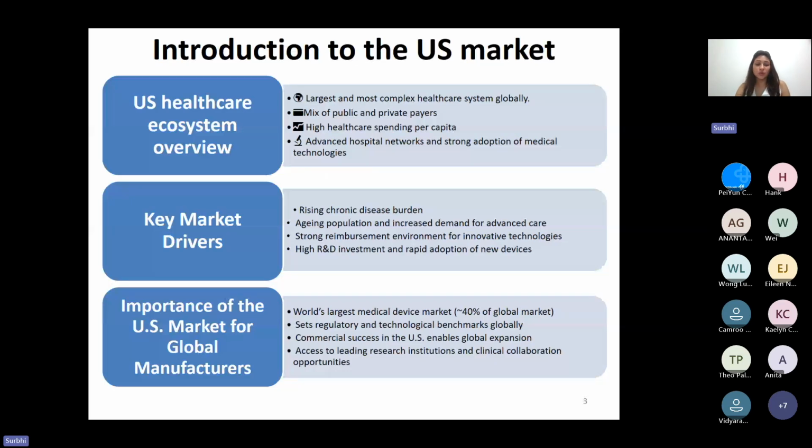Then, the importance of the US market for global manufacturers: if we compare Asia, Europe, rest of the world and US, the US medical device market is approximately 40% of the global market. It also sets a regulatory and technology benchmark globally, because any company that receives US FDA approval finds it easier to enter the rest of the world, and global expansion is very easy.